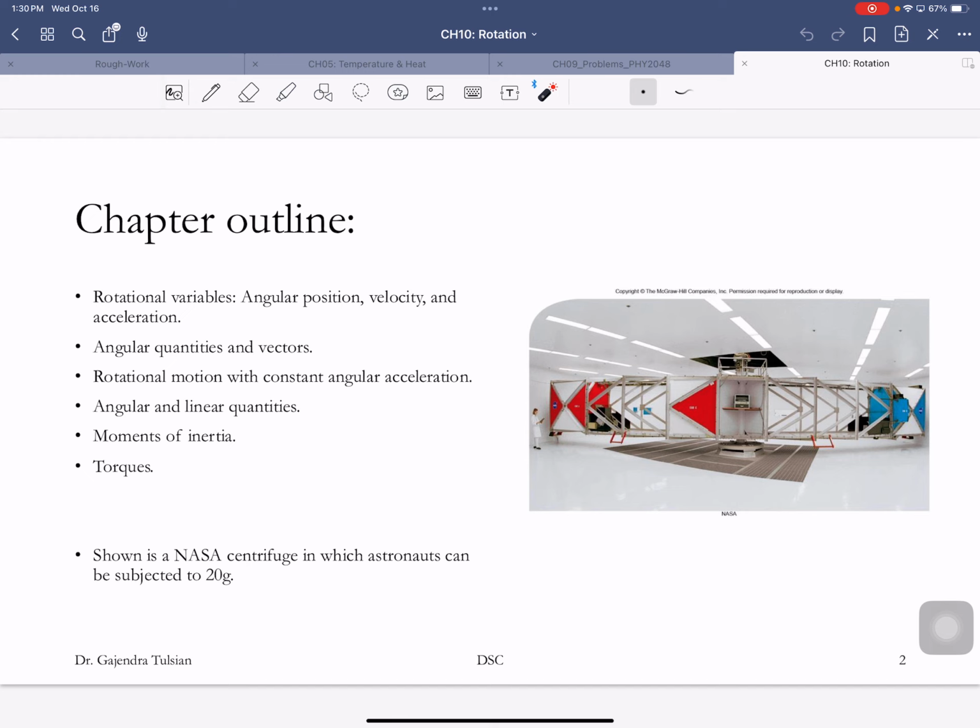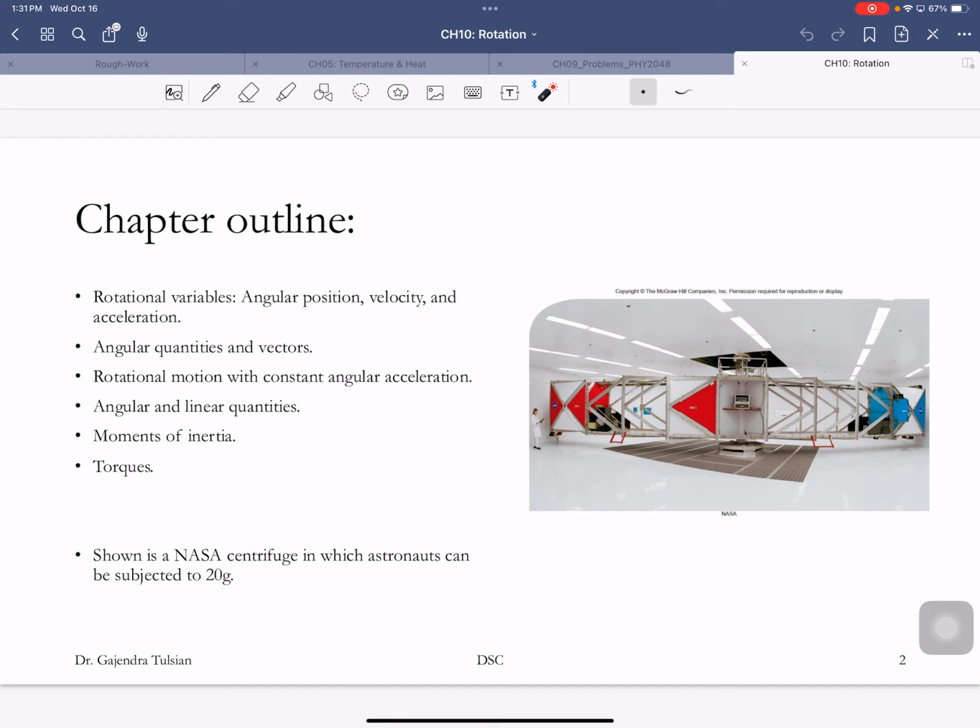What is the position of that point with respect to the x-axis right now? 90 degrees. What is the position of this guy now with respect to the x-axis? 180 degrees. Through what angle did this point rotate? It was initially at 90 degrees.